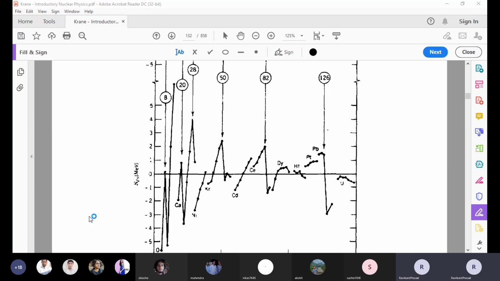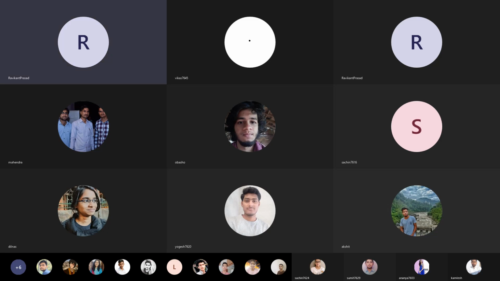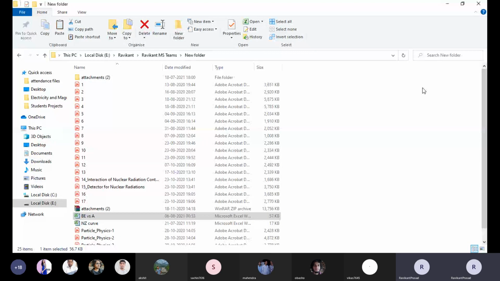So let me just share the file to you, and then we can see that in all the evidence what we are actually discussing is the existence of magic numbers. अगर मैजिक नंबर एग्जिस्ट करते हैं तो यस हमारे पास एविडेंस है. एक ही एविडेंस होता तो we could not go for the theory. कहीं एक जगह किसी एक एक्सपेरिमेंट में मेरे को मिल गया, I got certain number, then it's okay. But if it is repeating in other experimental evidence, then we have to rearrange our theory.